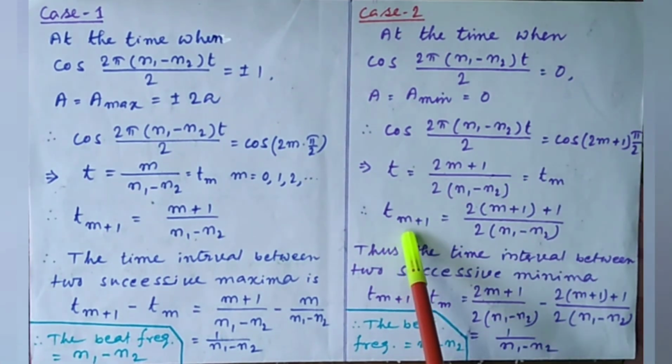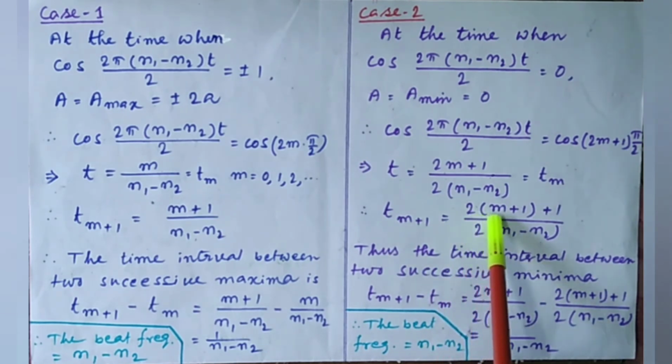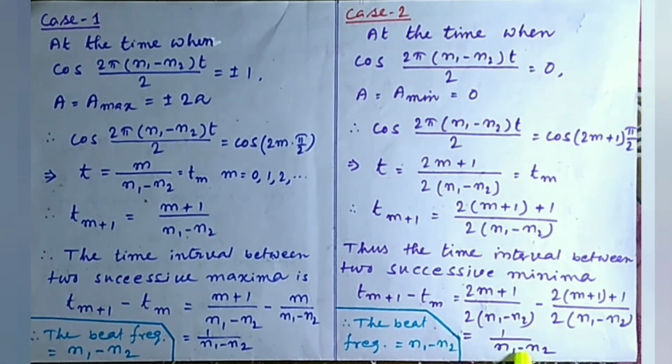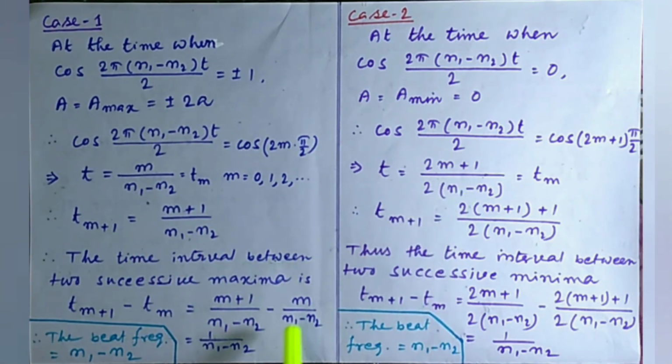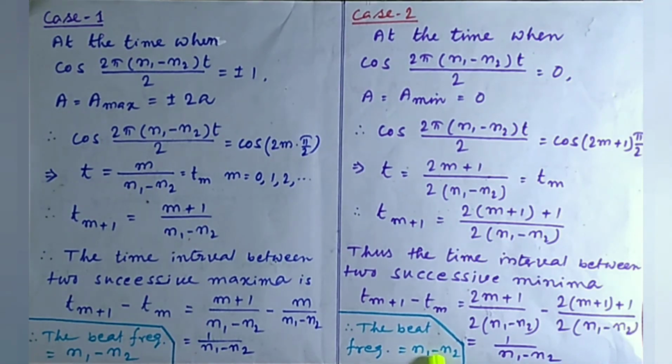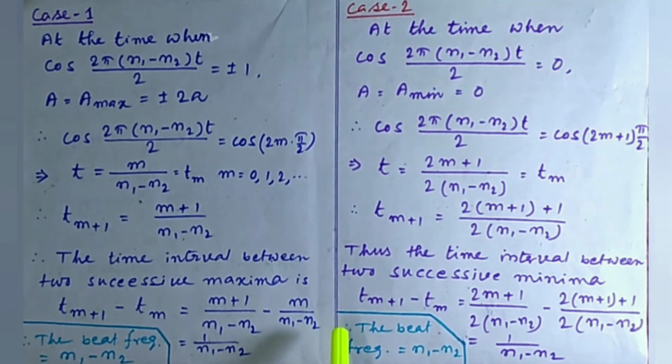Then t m plus 1 equal to 2 into (m plus 1) plus 1 by 2 (n1 minus n2). Thus, the time interval between two successive minima will be t m plus 1 minus tm equal to 1 by (n1 minus n2). Thus, the beat frequency will be equal to n1 minus n2. Hence, from both cases, we found that the beat frequency equal to the difference between the frequencies of the sound waves which interfere with one another.